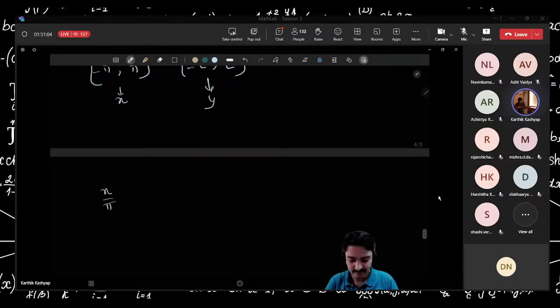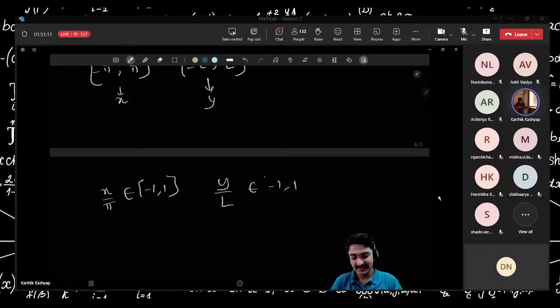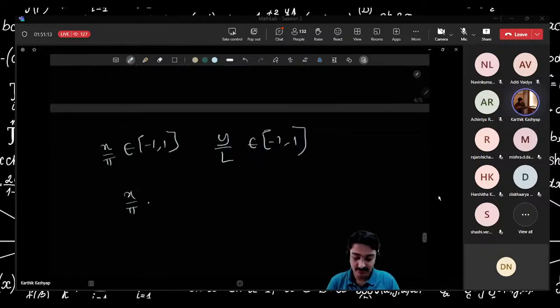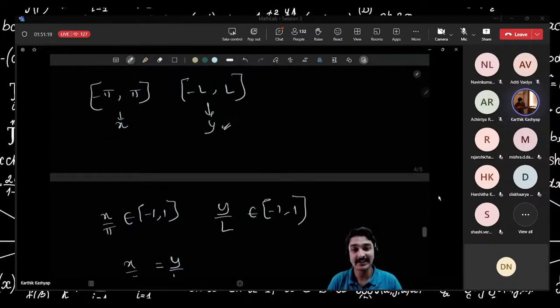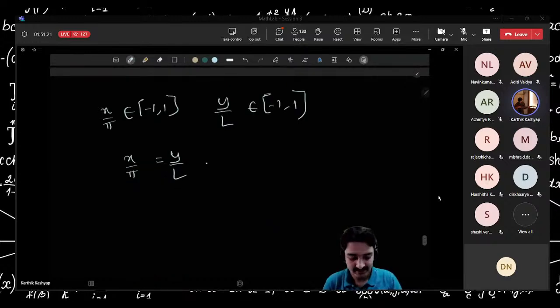So x by pi belongs to minus 1 to 1, right? And similarly, y by L belongs to minus 1 to 1. So we can say that x by pi is equivalent to y by L. To change it in terms of y, that is what we need in terms of minus L to L, we can just take y is equal to Lx by pi.